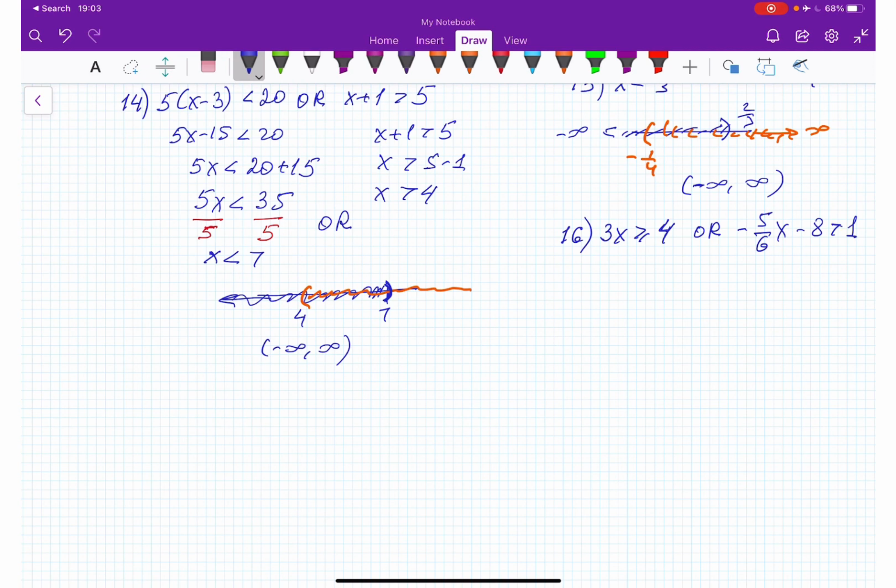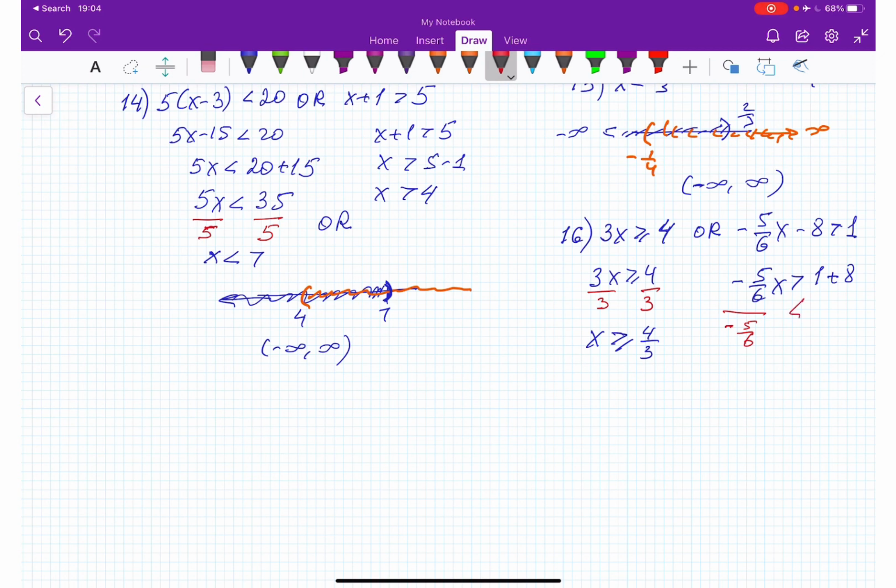Okay, so 3x greater or equal 4, we divide by 3. And from here, x is greater or equal 4 over 3. Next one, negative 5 over 6 x greater than 1 plus 8. Okay, so we need to divide by negative 5 over 6, which means it's going to flip the sign.